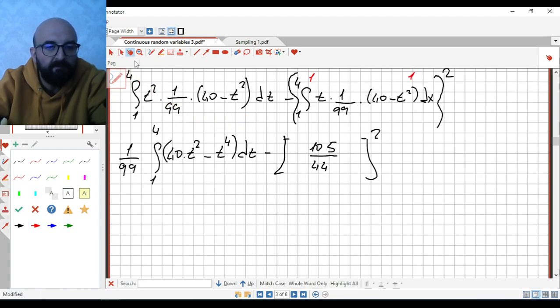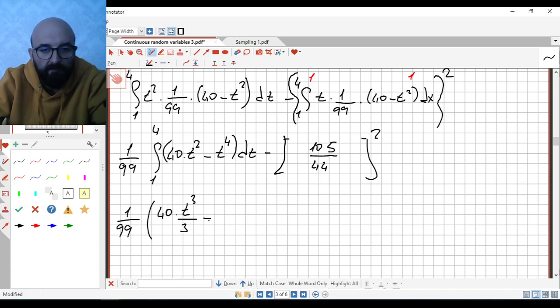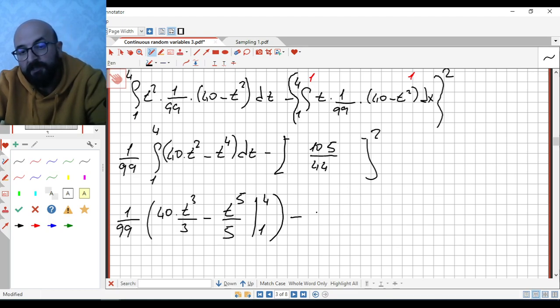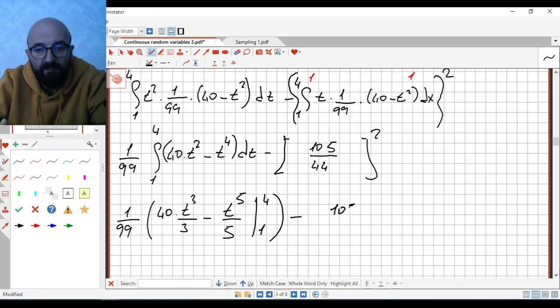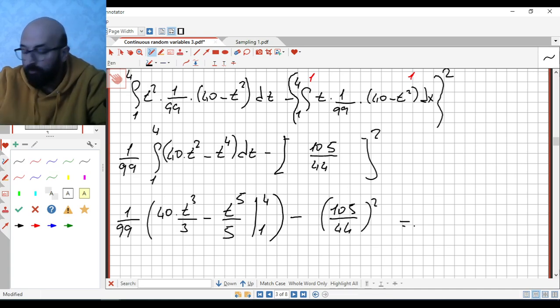And if I take the integration, 1 over 99 multiplied by (40 t cube over 3 minus t to the 5 over 5) from 1 to 4 minus the expectation square, 105 over 44 square. And I want the result of this process.